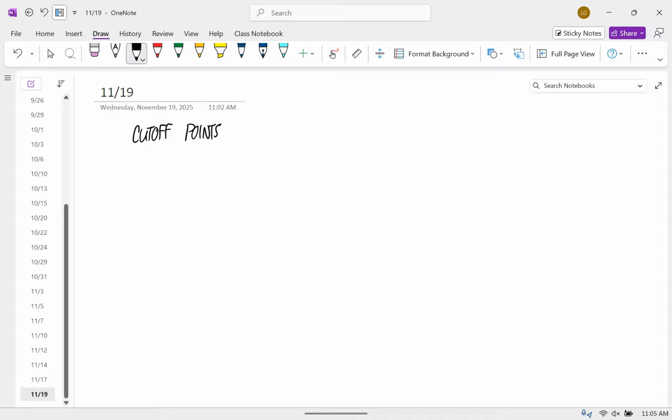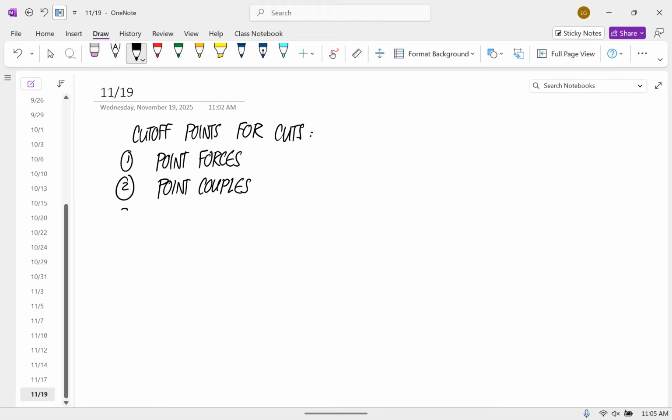But the places where those subfunctions change on those piecewise distributed functions are locations of point forces, locations of point couples, and places where distributed load functions change.